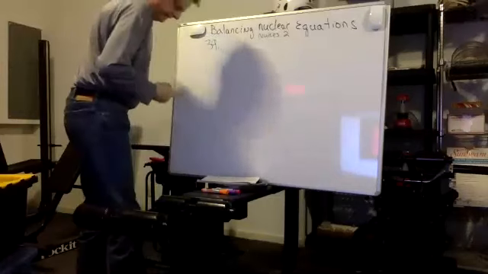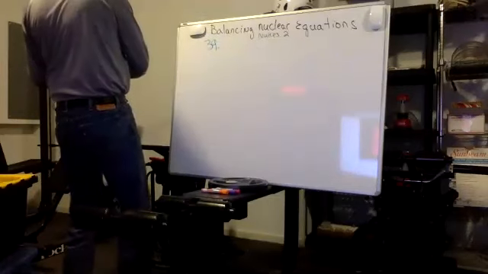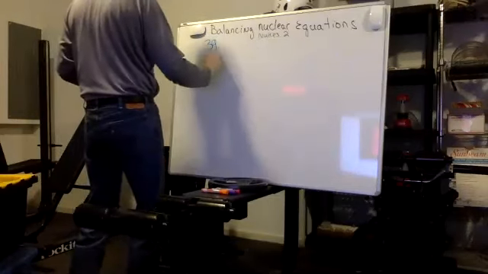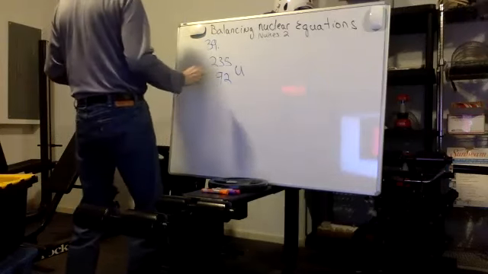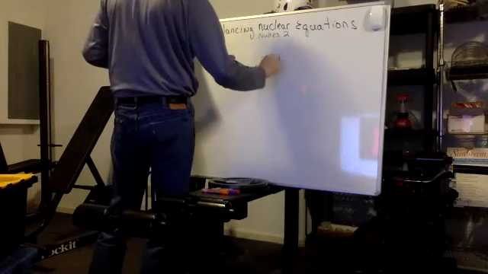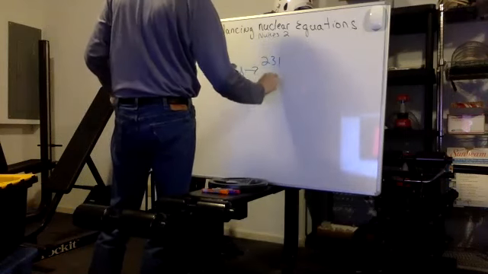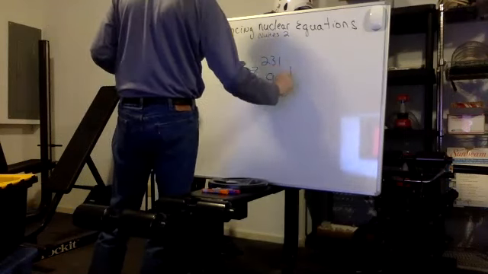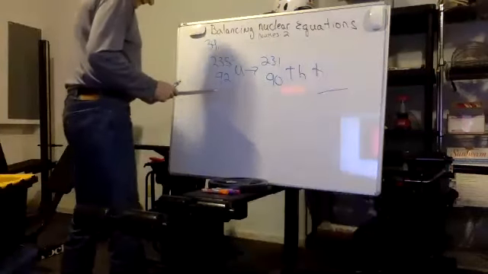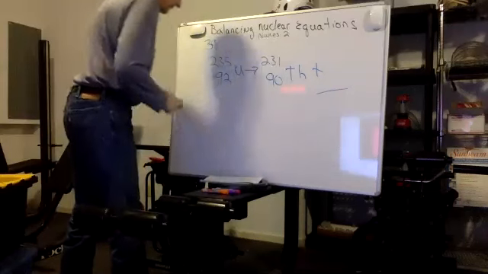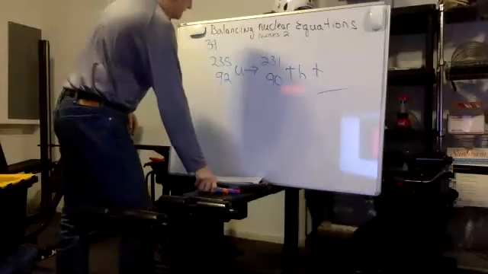$39. We got 235, 92 U, 231, and blank. And this looks like another alpha particle here.